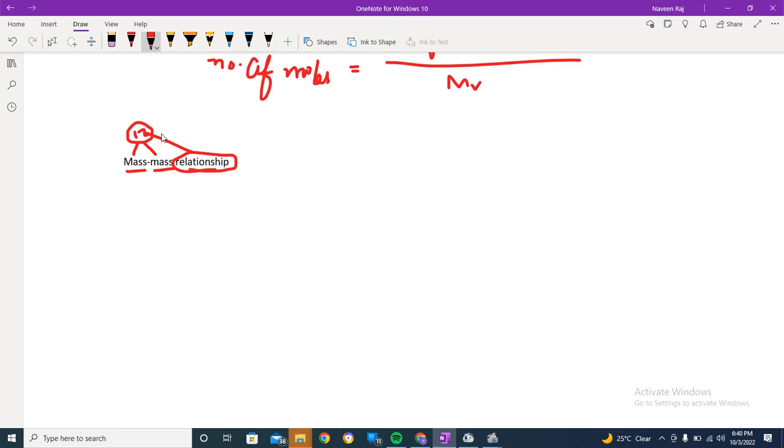We look at mass because, for example, suppose we have 16 gram oxygen and 13 gram carbon. Even though I don't have the balanced equations right now, this is just an example.